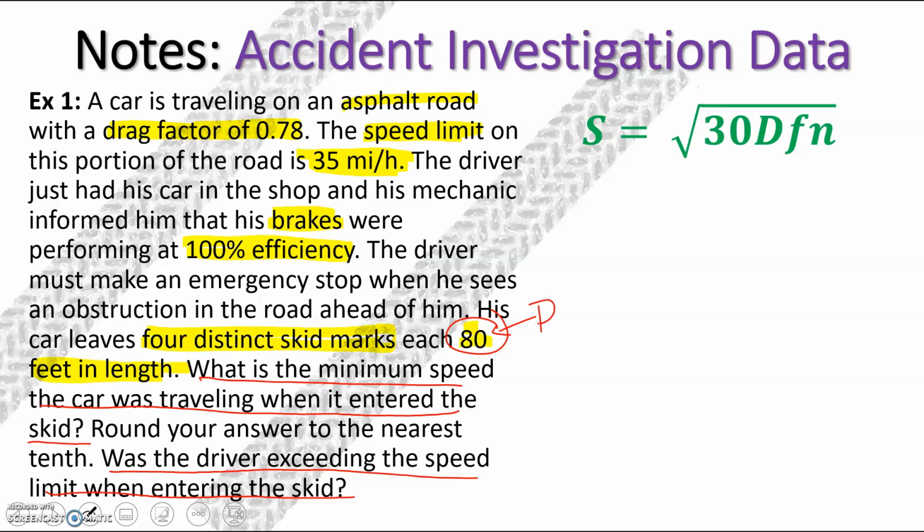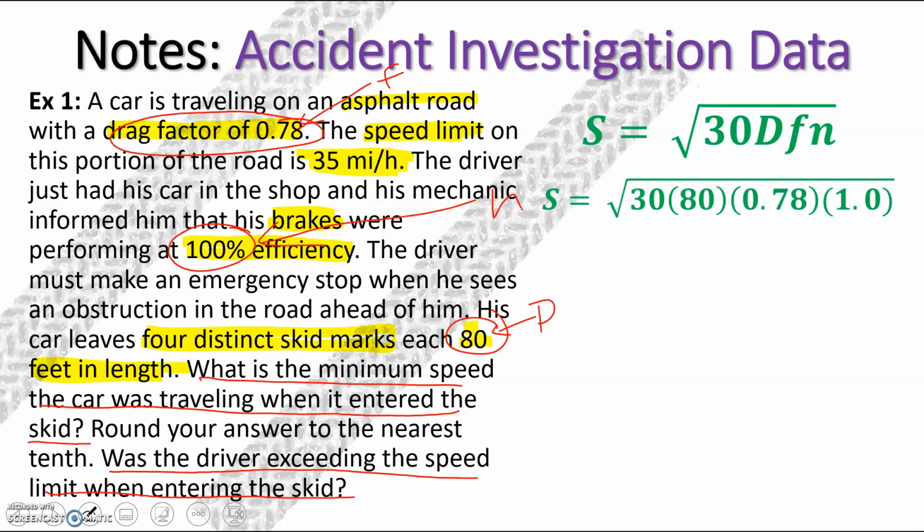We know that F represents our drag factor, so that in this case is 0.78. And we know that N represents our braking efficiency, and that is 100% or 1.